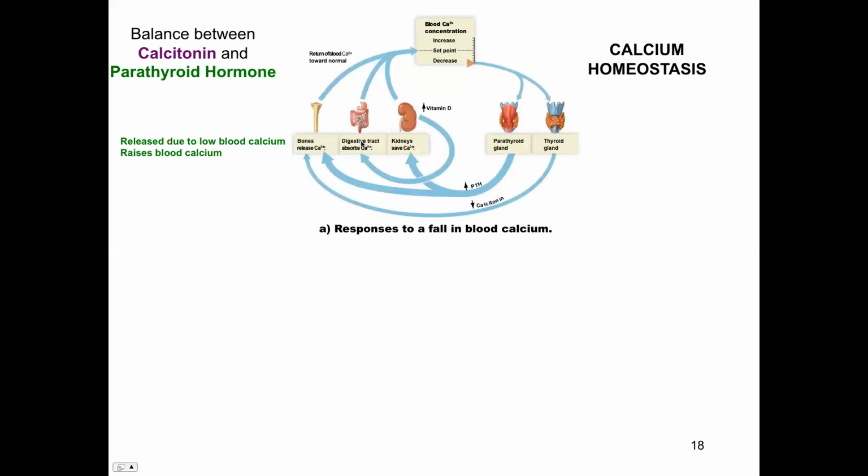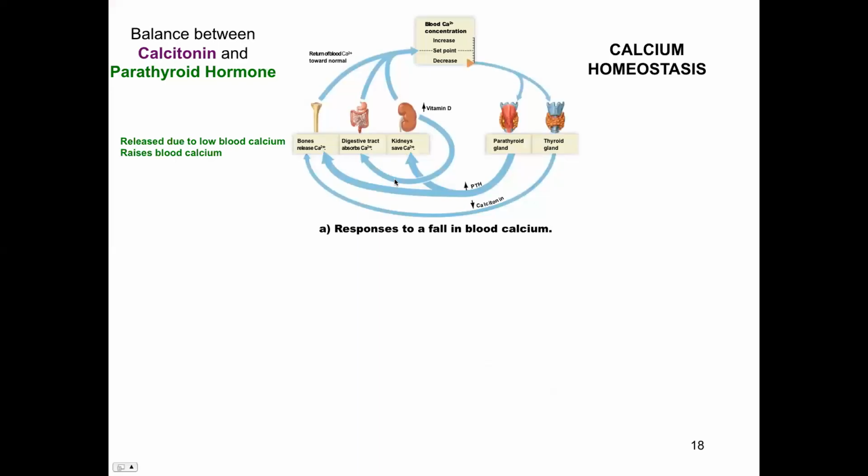It's going to raise that blood calcium. It's going to cause calcium to come out of the bone. It's going to stimulate the osteoclasts, I apologize, and damp down those osteoblasts. It's going to help you absorb calcium from your diet, and it's going to help you save calcium from your urine, all right?